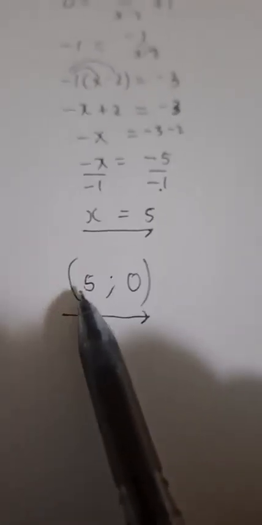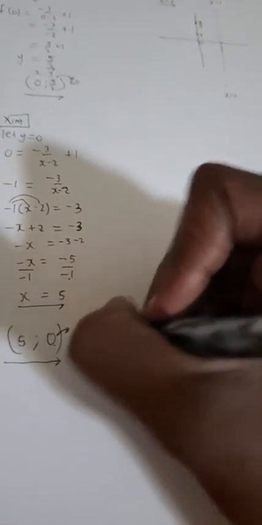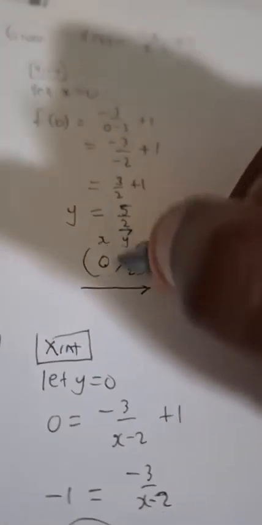We got our x-intercept, which is (5, 0). That means where x is 5 and where y is 0, which is exactly on the x-axis. This 0 for y means on the x-axis. Whenever x is 0, it means on the y-axis.